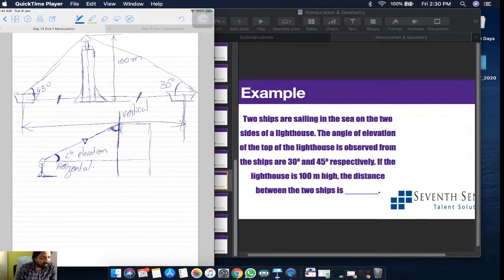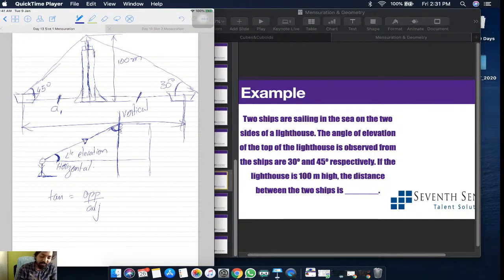According to me, tan is also okay, sin is also okay, cos is also okay. Everything is okay, but the problem is which one is best to use. Sine, tan and cos are all functions of the same angle. Tan is actually better. Tan gives you opposite by adjacent, and for both, the opposite is given: 100 meters.